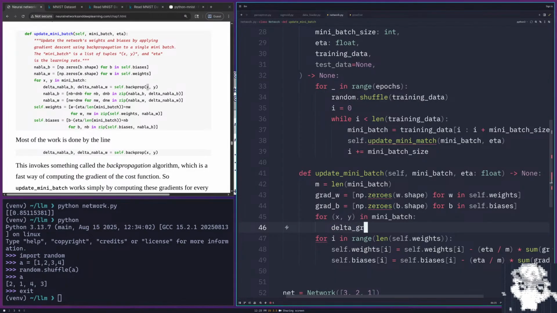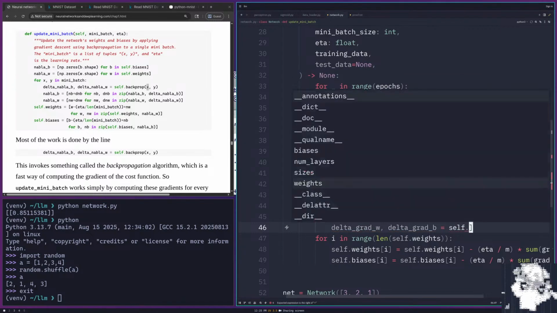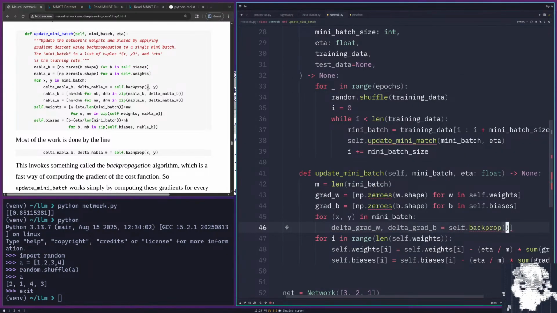So delta grad w equals, and delta grad b. It's always doing biases first. I'm going to always do weights first, because I always think of it as weights and biases. self.backprop of x and y. So x and y is a thing you do with a single example.